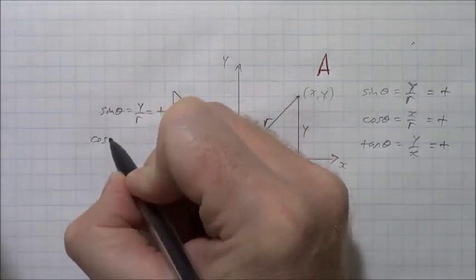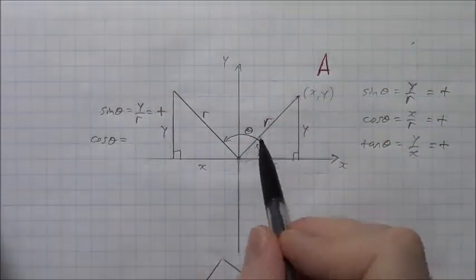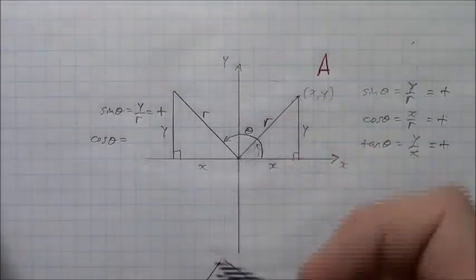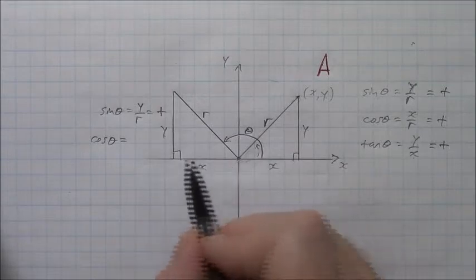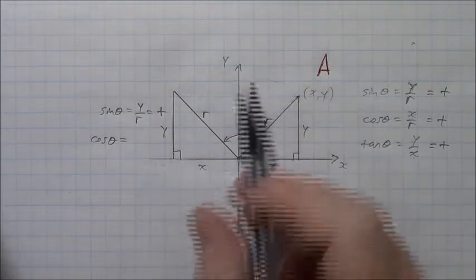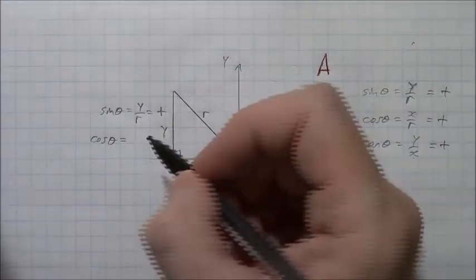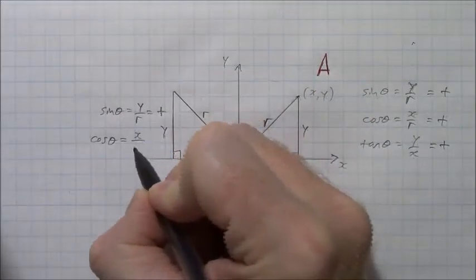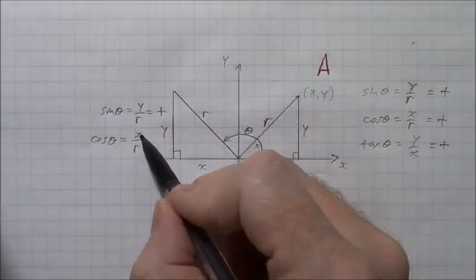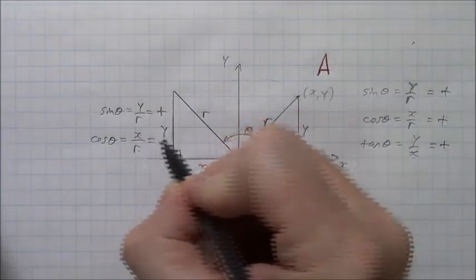Cosine of theta, where theta is rotated around into the second quadrant: this x distance is to the left of the y-axis, therefore the x value is negative. So a negative over an always positive is going to be negative.